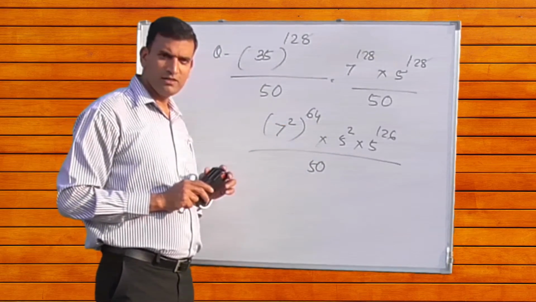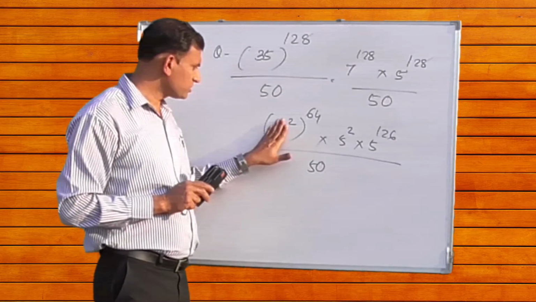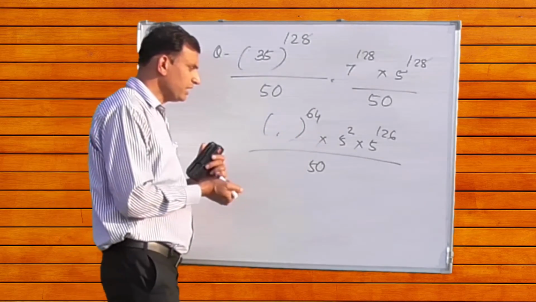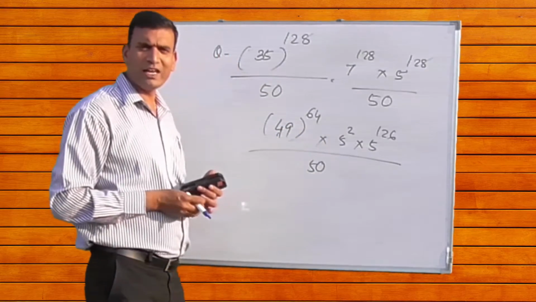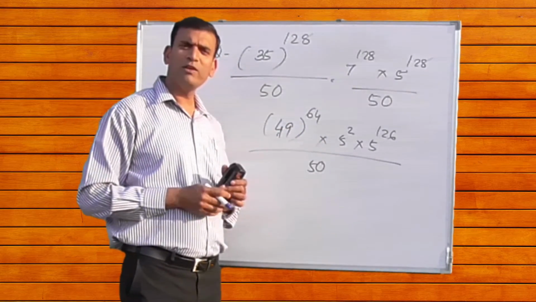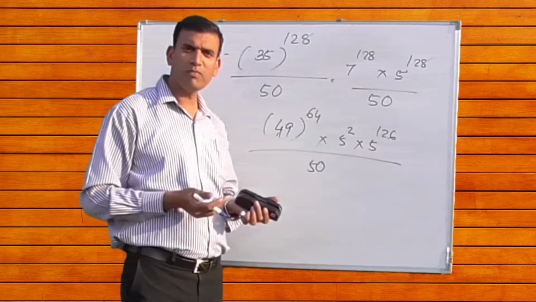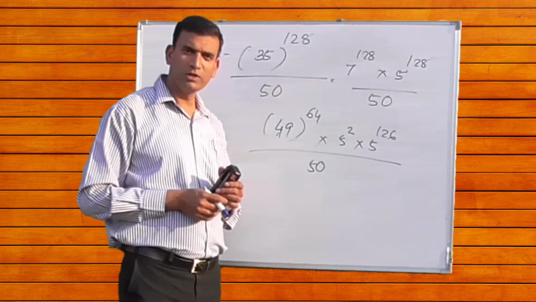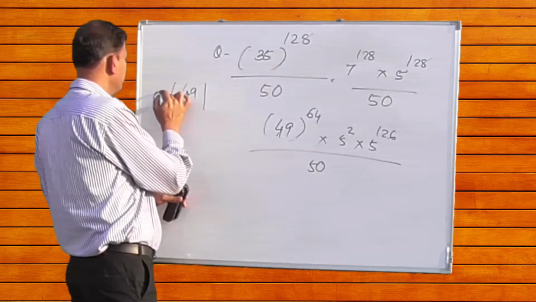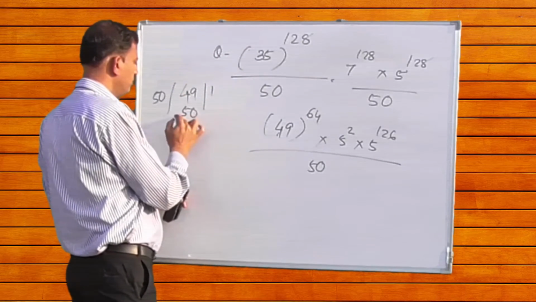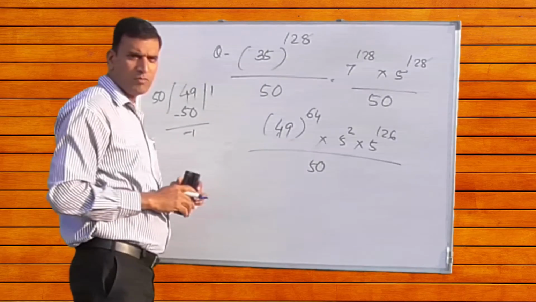7 squared is 49, so instead of this I can write 49. Every time 49 divided by 50, the remainder is minus 1.